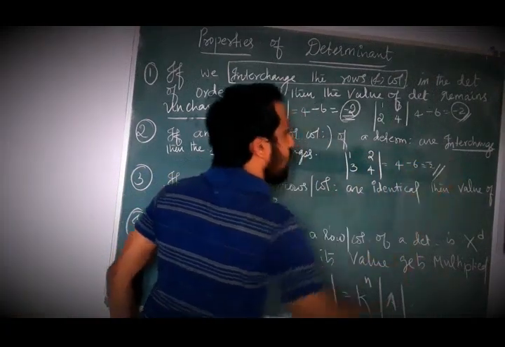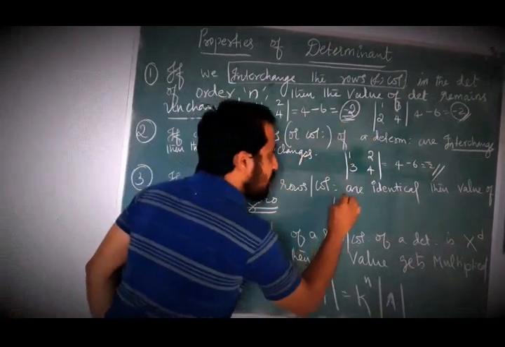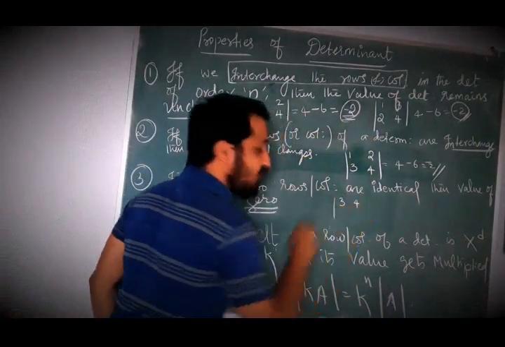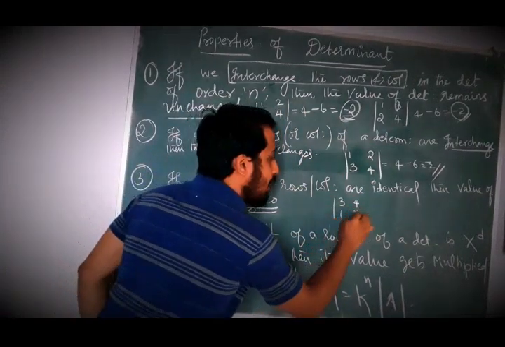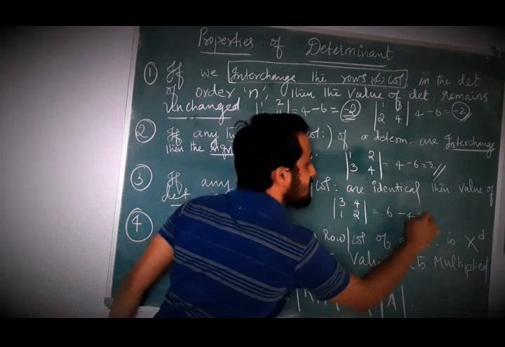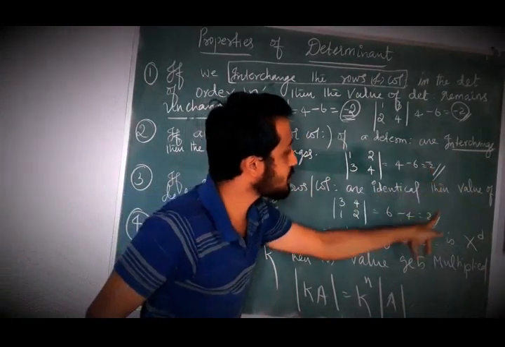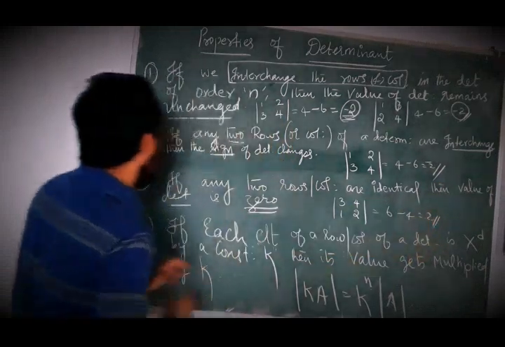Now I am going to interchange the rows. The first row I write as 3, 4 and the second row as 1, 2. What is the answer? 6 minus 4, that is 2. That means the sign changes. Here it is minus 2, here it is 2. That's what they are telling.